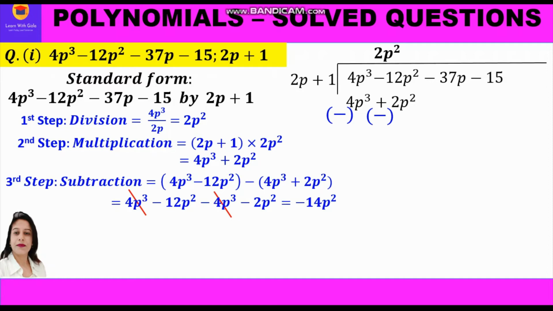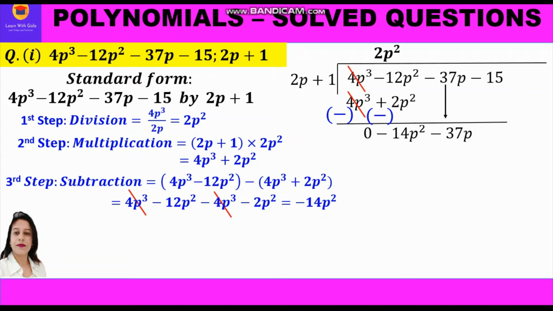Now further plus 4p cube will cancel with minus 4p cube, and minus 12p square and minus 2p square we will get minus 14p square as the remainder. Further we shall bring down minus 37p. Now the new dividend which we have to solve is minus 14p square and minus 37p.